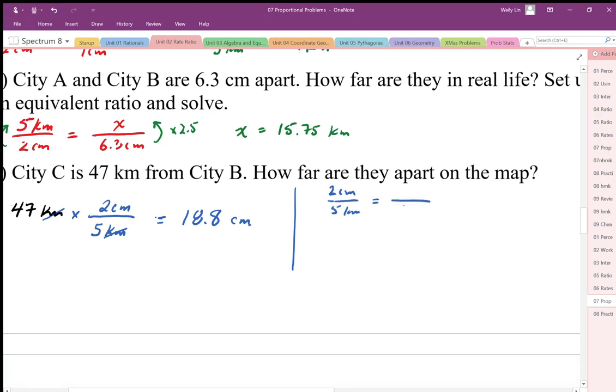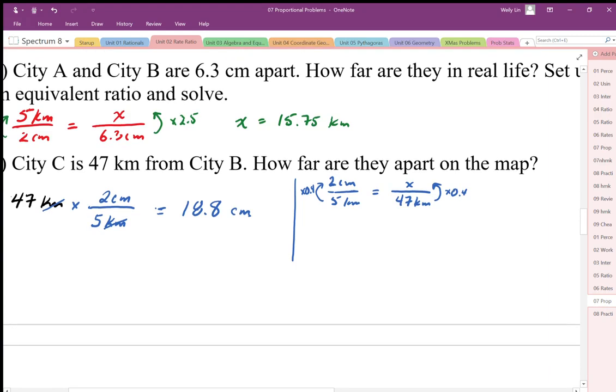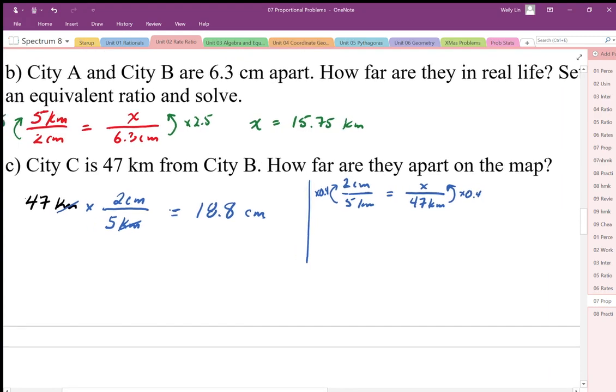And then we have our 47 kilometers. And then we can solve this by, in this case, times by 0.4. So we could times by 0.4, and we'll get the exact same answer by setting it up that way. Okay, and notice that you see how we have our multiplier of 0.4 showing up right there as well. That's our unit rate going from bottom to top, the way we've set it up here.